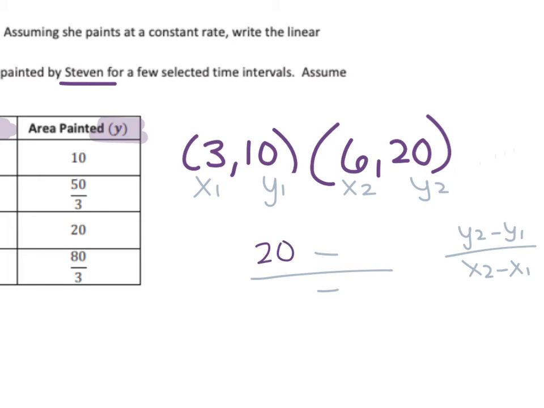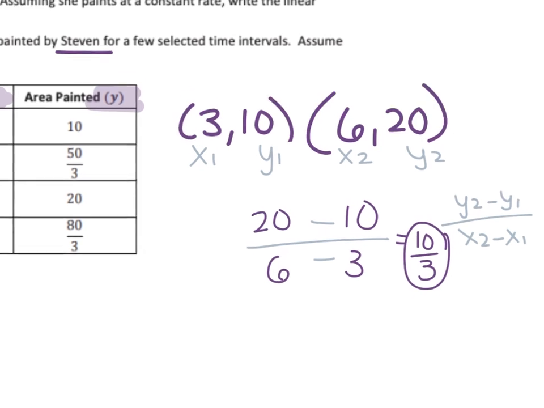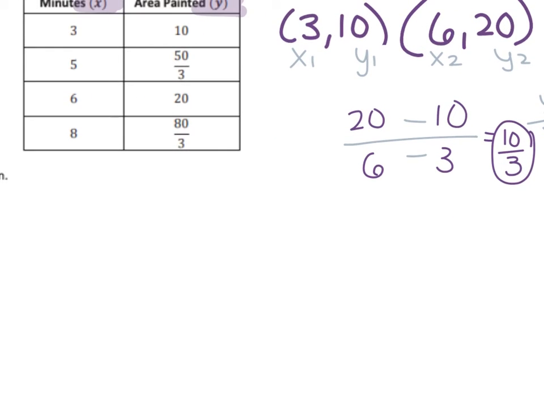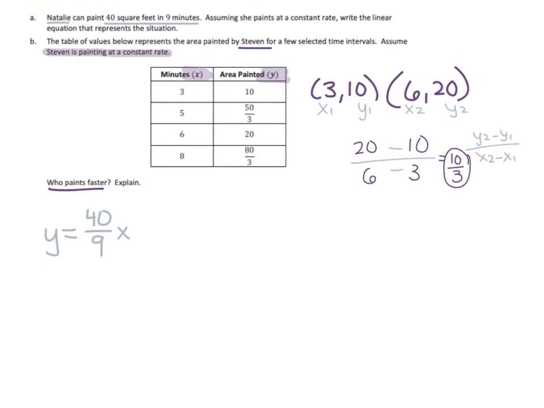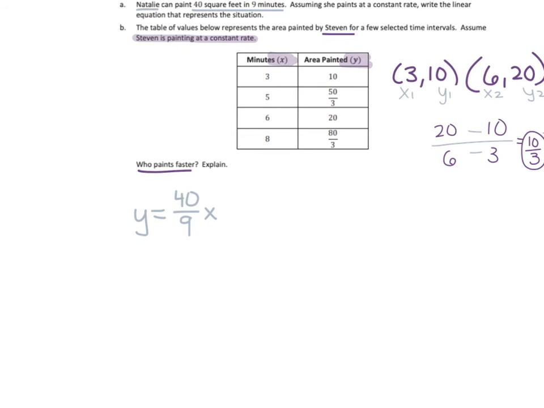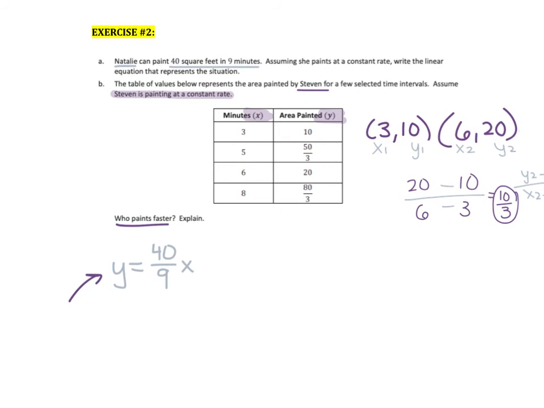So we're going to have 20 minus 10 over 6 minus 3. 20 minus 10 is 10, 6 minus 3 is 3, 10 thirds. Trying to zoom out here, there we go. So this is Natalie. Stephen is y equals 10 thirds x.